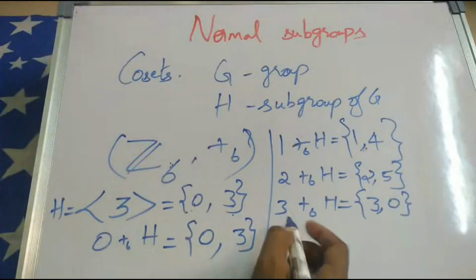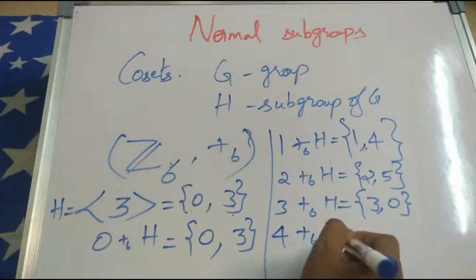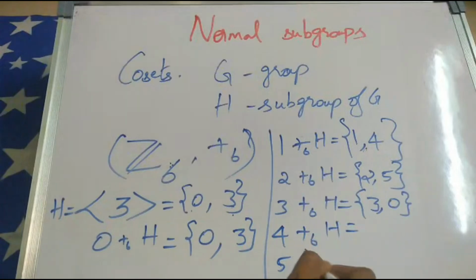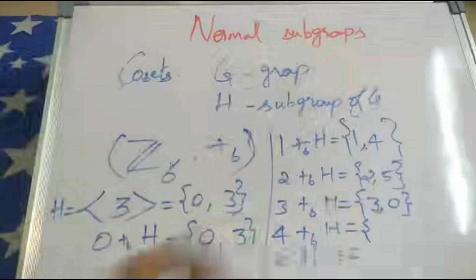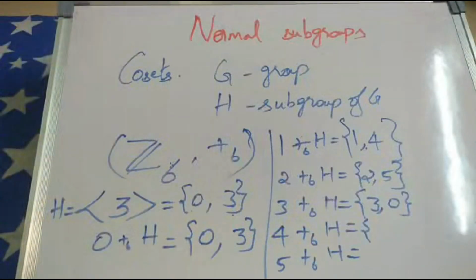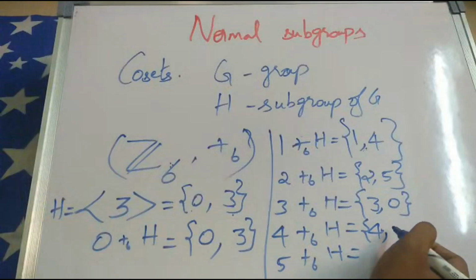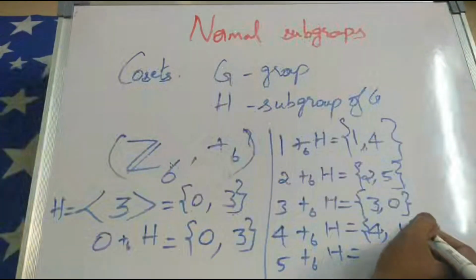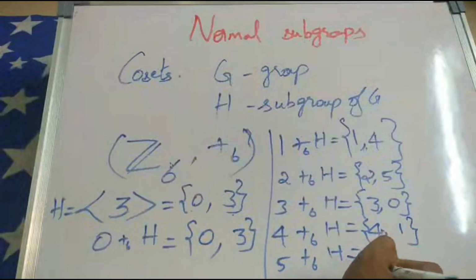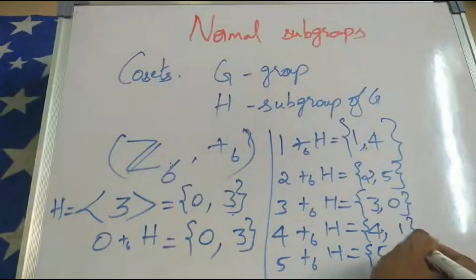Maybe we can proceed with 4 +6 H and 5 +6 H. So this results in 4 plus 0, which is 4, and 4 plus 3 is 7, and 7 in mod 6 is 1. And this is going to be 5 comma, 2.